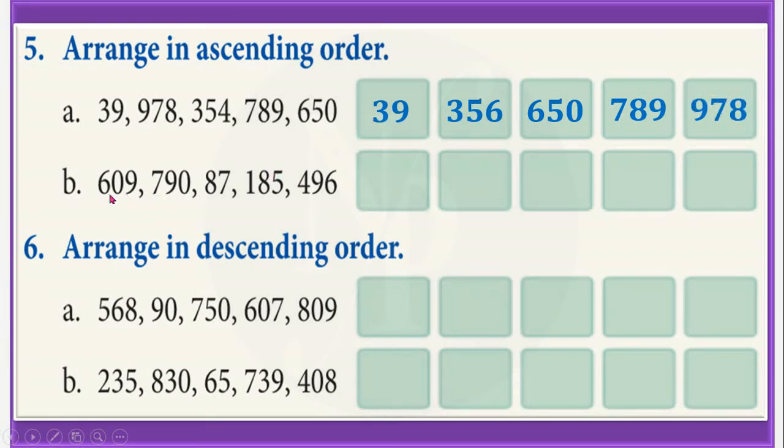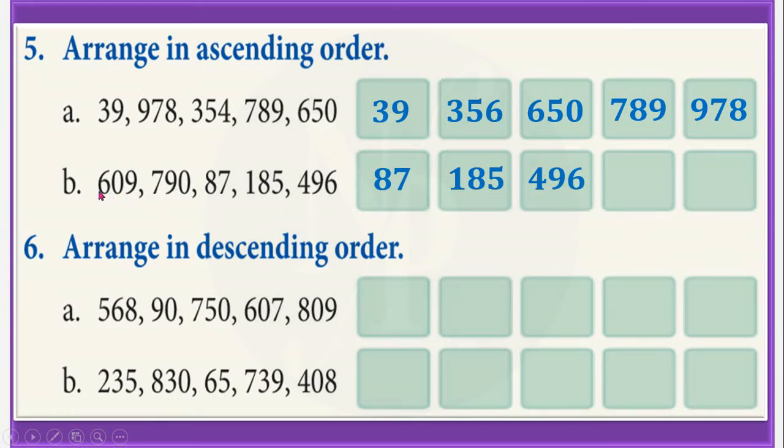Similarly, arrange these numbers also from smallest to greatest to obtain ascending order. So 87 will be in the first box, and then 185 in the second box. And looking at this, yes, we have 496, which will be in third box. You should look at the digits at hundreds place to compare. Compare these two numbers.